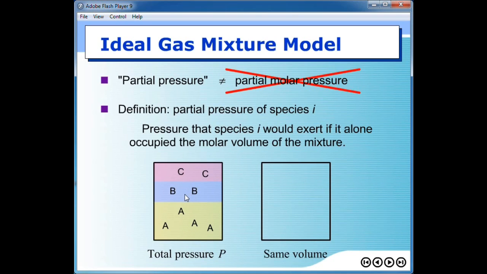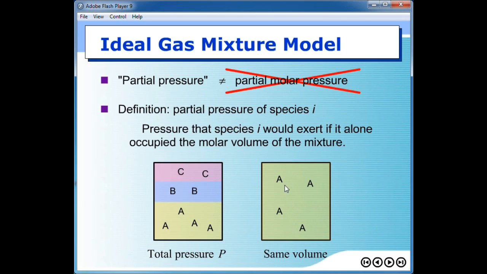If I take another empty container with the same volume as this container and take only species A, transfer them into the container, and since it is gas, it should expand. The expansion should decrease the pressure, right?